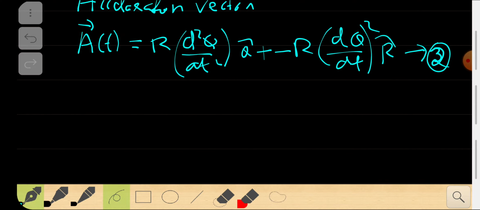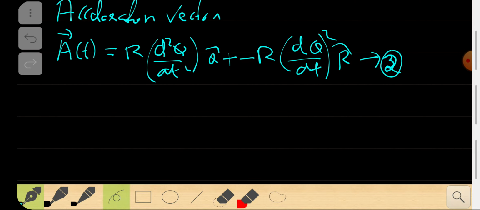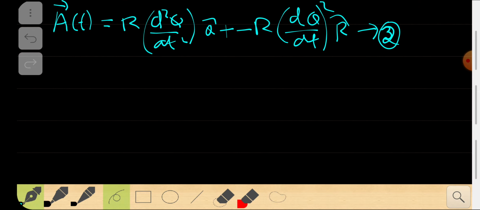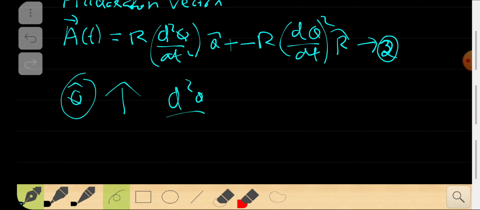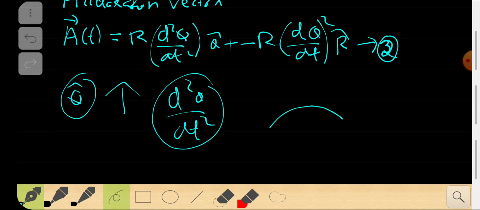If you look at this acceleration vector, you can see clearly that the theta cap component is increasing with the increasing d square theta by dt square. It's increasing fast if the second derivative of the theta component is large. Second derivative means the slope of the slope.